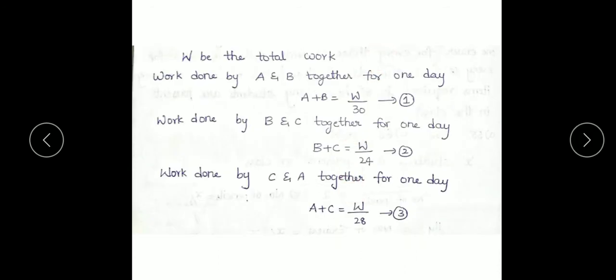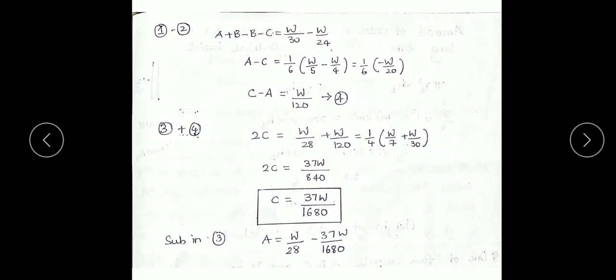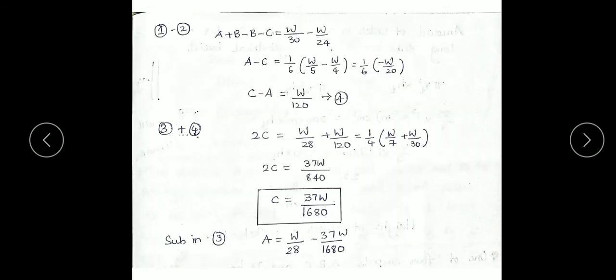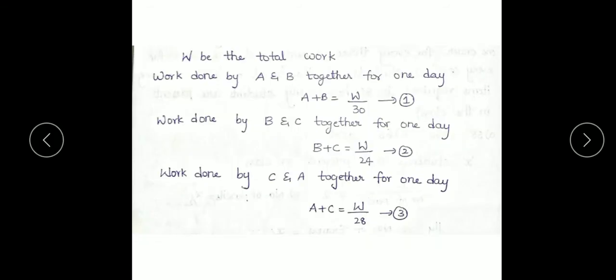If we still have doubt whether it is true or not, we can confirm it through this solving. So here is the solving of this. If we solve these three equations, if we get individual working capabilities, then we can easily find that out. So now first solving 1 and 2, 1 minus 2, that means this equation minus this equation.